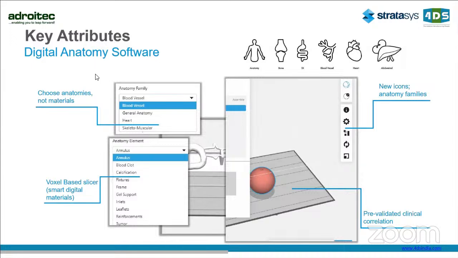You can choose any anatomies over here, and you can give colors like blood, you can see blood clot over here, fixtures, frame, gel support, inlets, leaflets, reinforcements, tumor, and you can print any anatomy model in the software: bone, GI, blood vessels, heart, abdominal, lower prints. You can see the colors section over here.